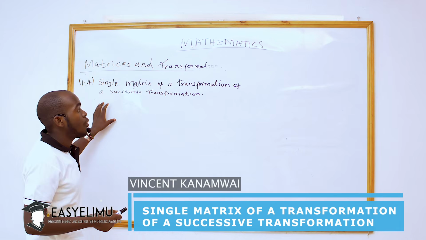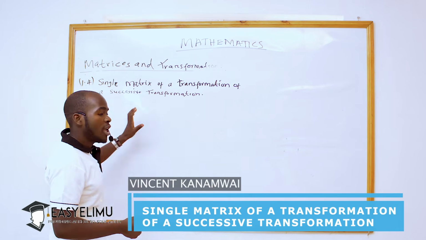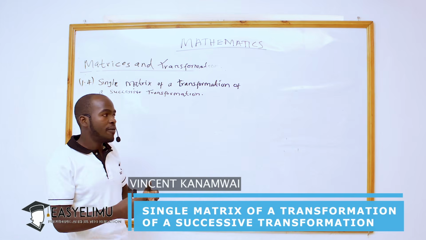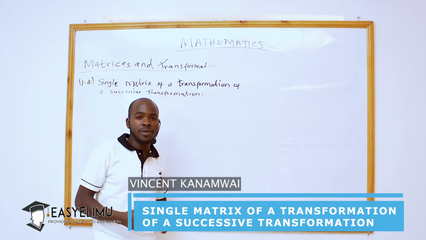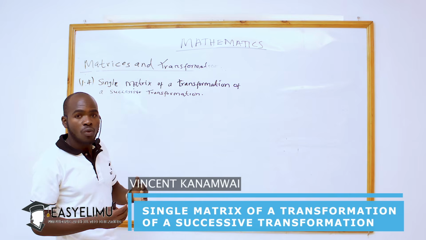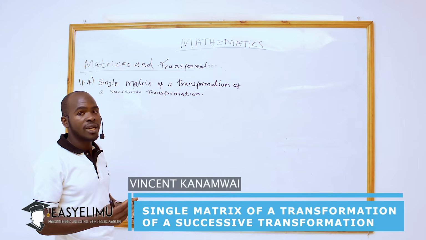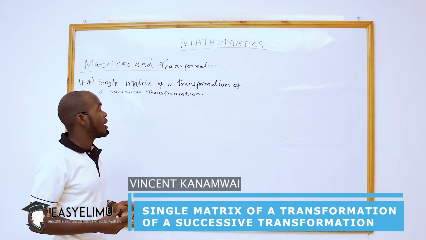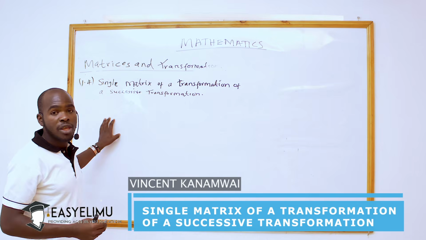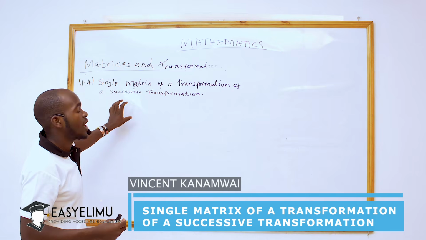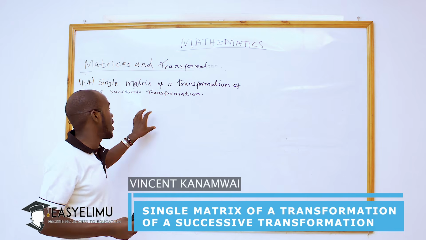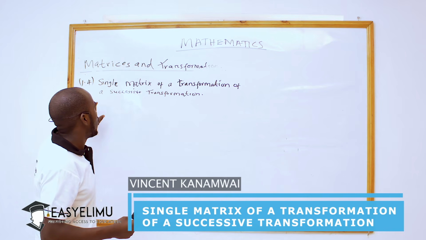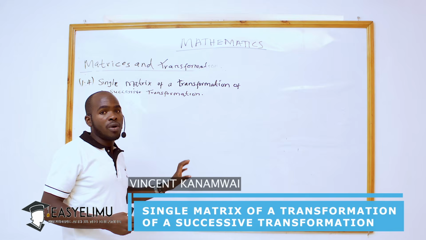transformation. And here we now need to see, if we have been given different kinds of transformations, meaning one or two or three transformations, and we need to perform them on a triangle or any kind of given figure, what can it result to?